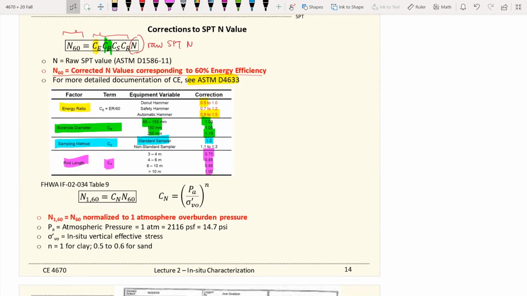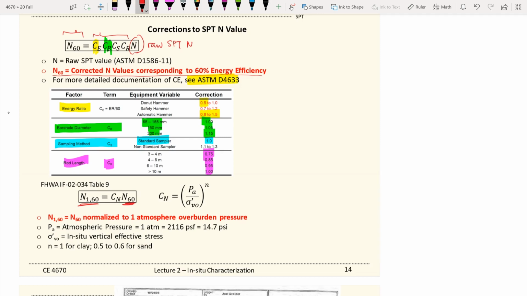So after we correct everything from SPT-N to N60, there's one more correction that we typically need to do, which is to change the SPT N60 to N160. So what is N160? N160 is the N60 normalized to 1 atmosphere over the overburden pressure. So it's not just because of the different types of equipment that we want to correct, but also the different overburden stress.